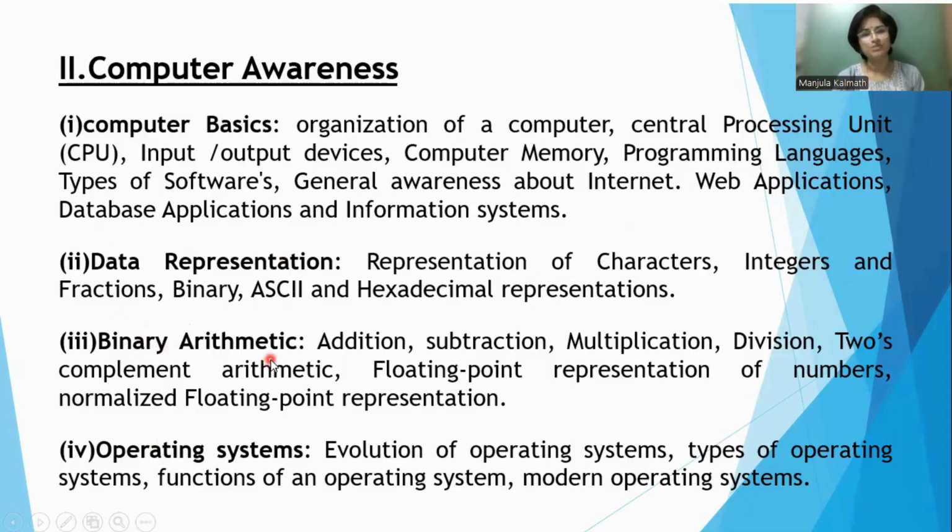Then binary arithmetic: usually a computer can understand only binary values. So how does it perform different operations like addition, subtraction, multiplication, division, two's complement arithmetic, floating point representation of numbers, normalized floating point representation. Everything comes under binary arithmetic, meaning arithmetic operations over binary values.